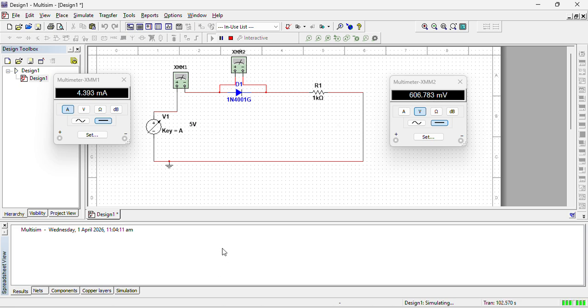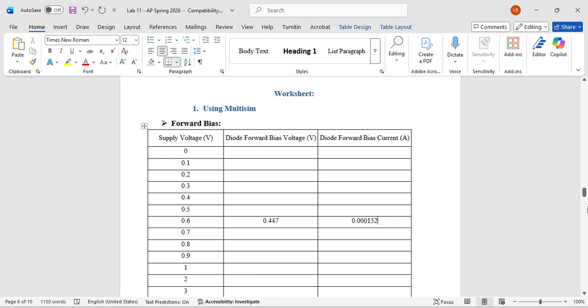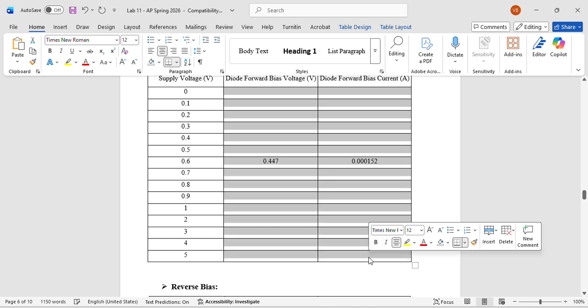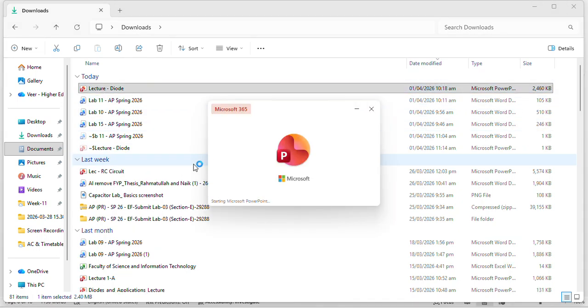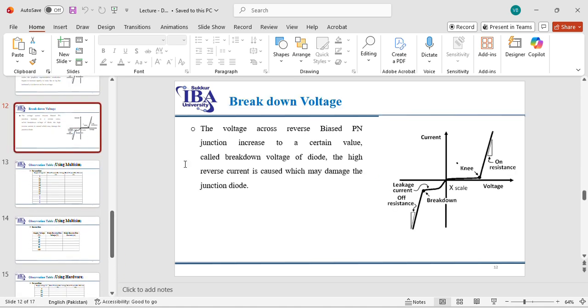Now, what you have to do is record all these readings in this table. After putting all these in this table, we have to plot these two things in Excel, just like Ohm's law. So we will get the curve of forward characteristics, which we have discussed in our class.